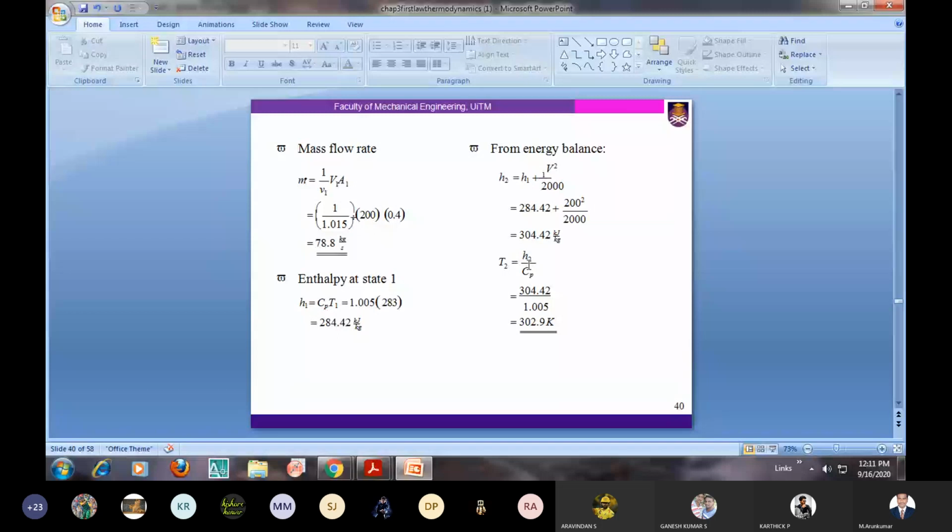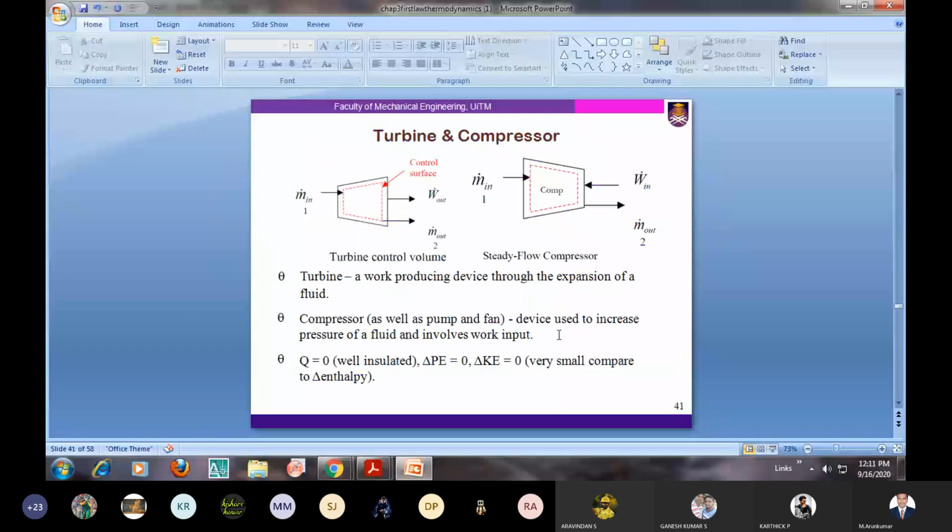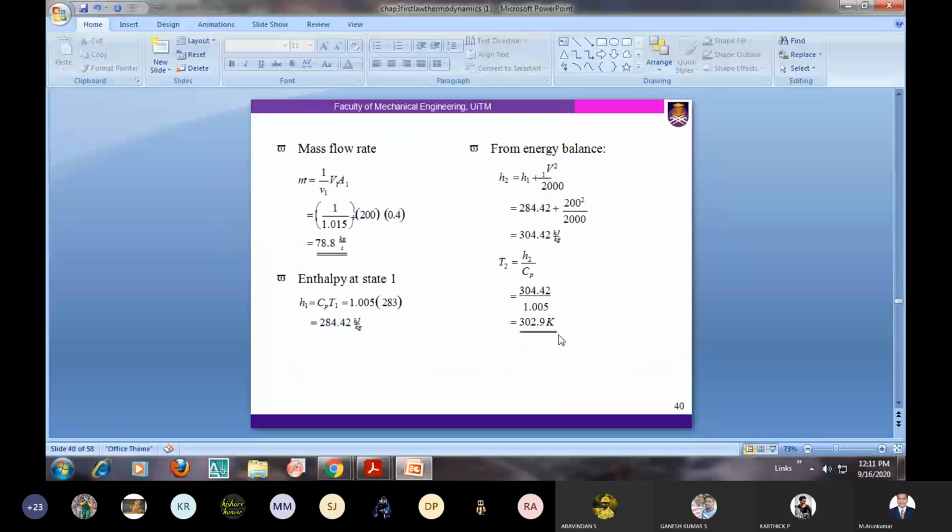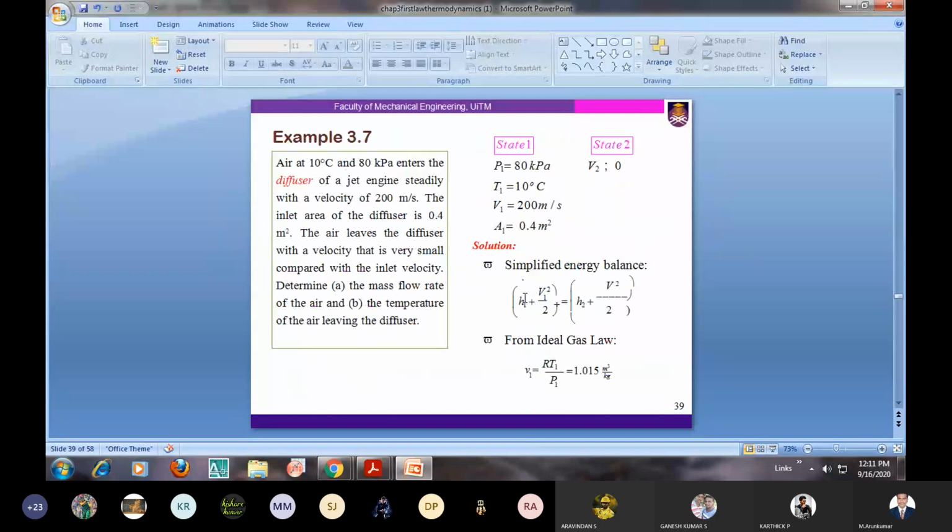So we found the H2 value 304.42, and we know the Cp value 1.005. If you calculate, you can get the temperature at state 2. Yes. The thing is, you have to use the simplified energy balance equation for nozzle and diffuser.